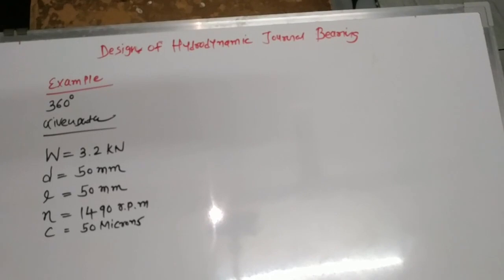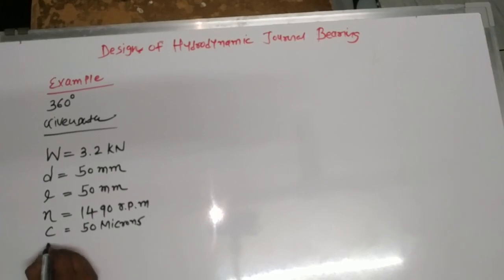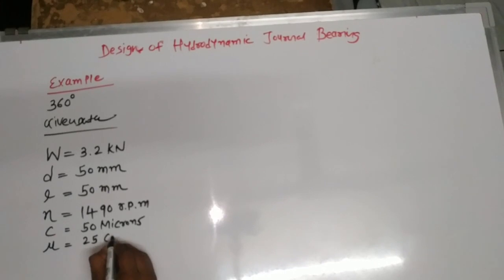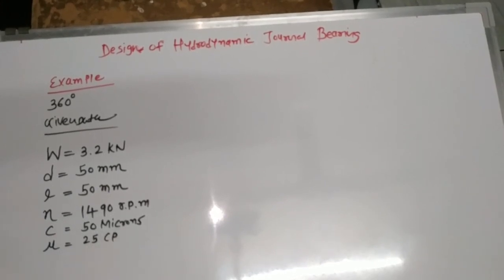After that we have one more parameter, the viscosity of lubricant, which we generally denote with mu, and that is 25 centipoise. And the density of lubricant, rho, is given as 860 kg per meter cube.